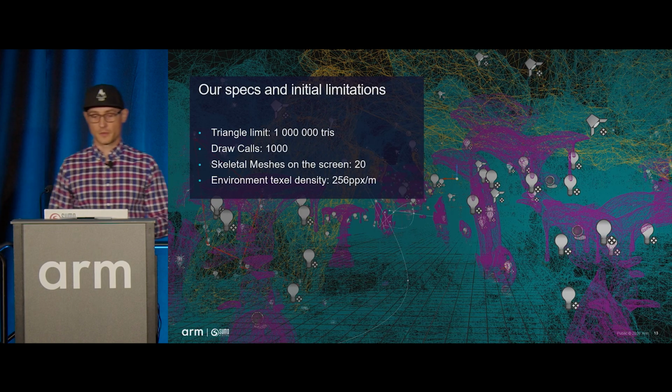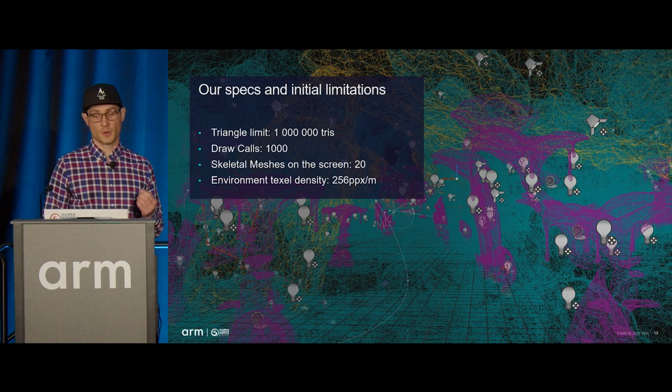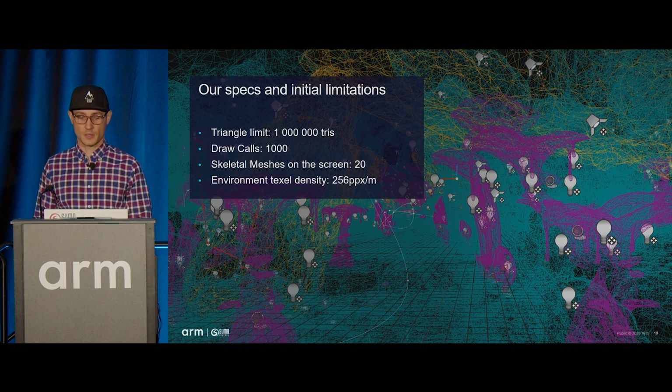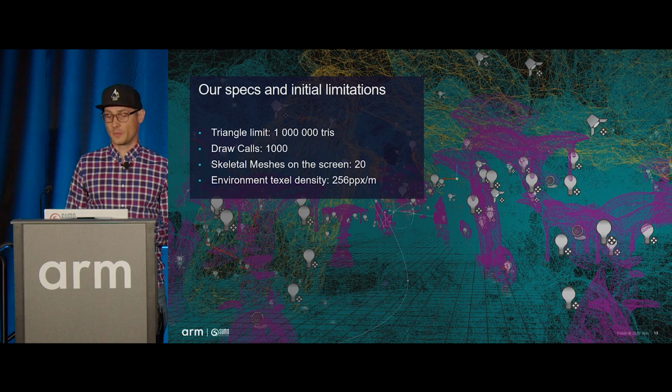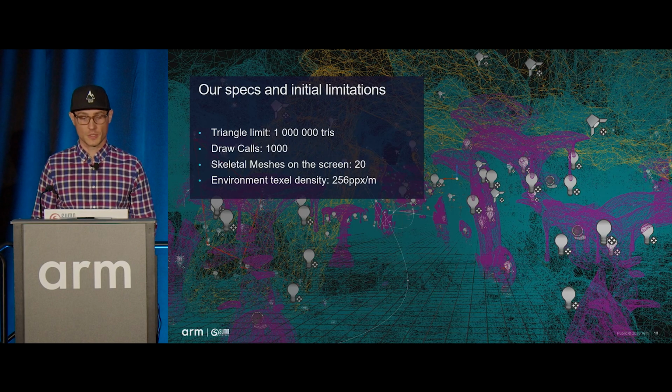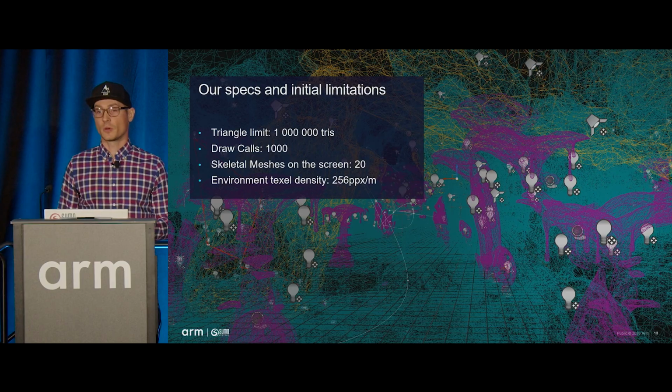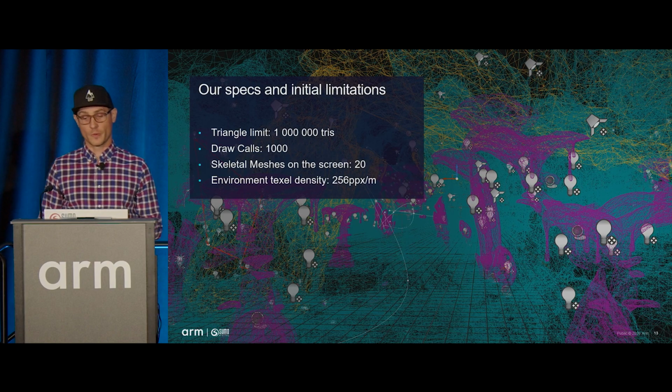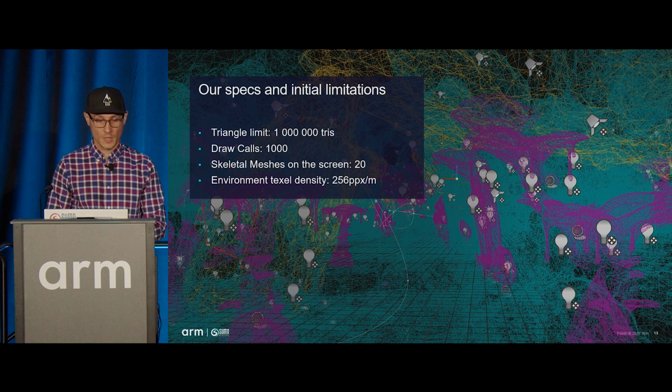And as always, there is a price for enabling a new tech, and we had to think carefully when setting up our initial specs and limitations. So before I jump to the core of this talk, which is lighting, I would like to talk about the initial setup and what we've ended up with.